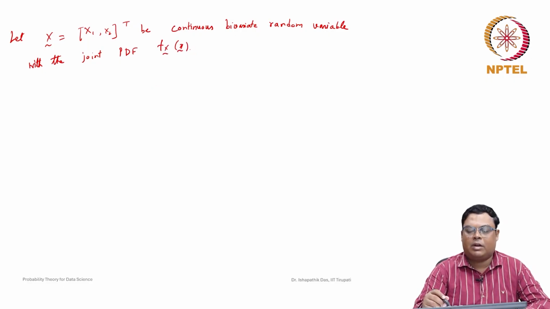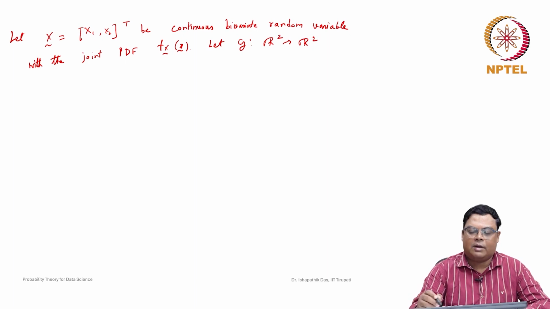In general we are writing f of x. In a particular numerical example, we know what the form of the density function will be. Let g be a function from R2 to R2. Because it is a bivariate random variable, x is a measurable function from sample space S to R2.